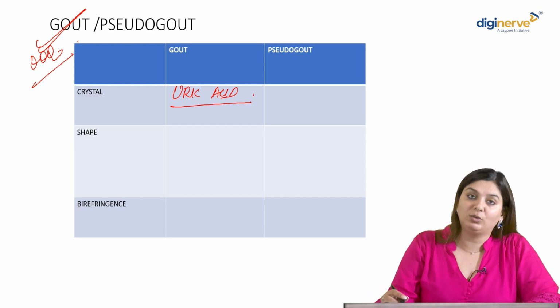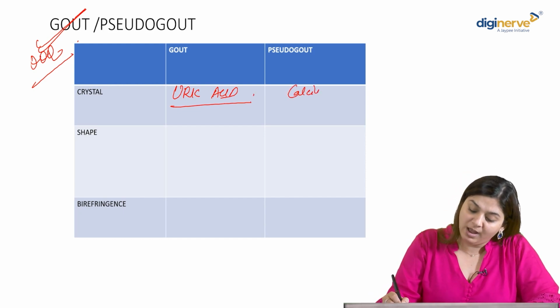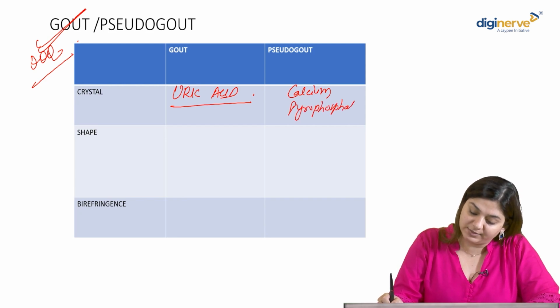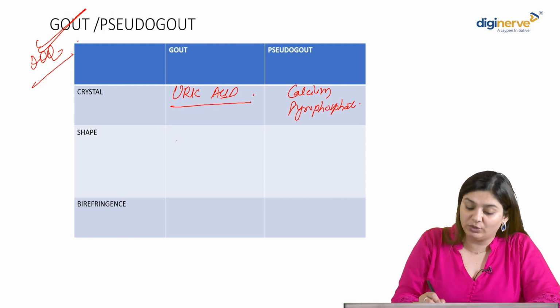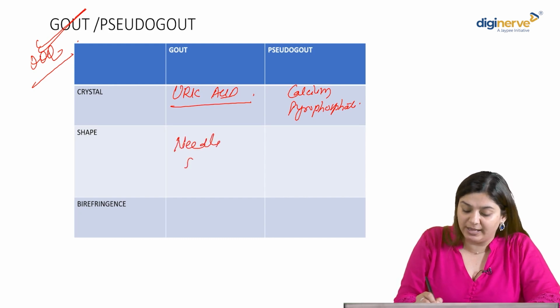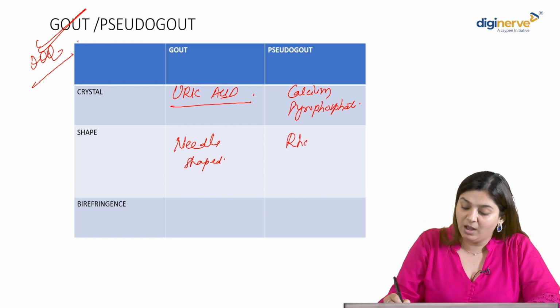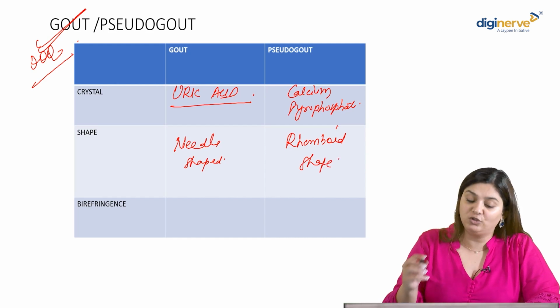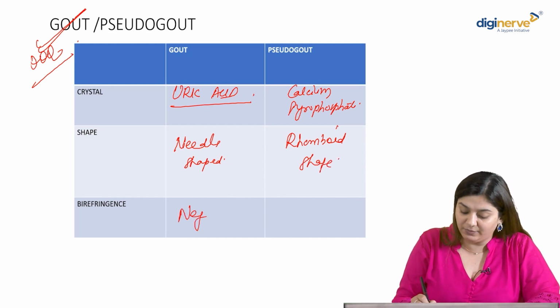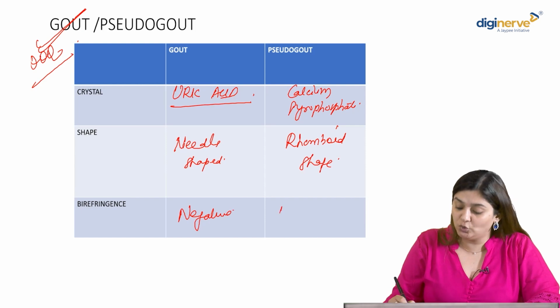In pseudogout, the crystals deposited are the calcium pyrophosphate crystals. The shape of the gout crystals is needle shape, whereas pseudogout crystals are rhomboid shape. Birefringence in gout is negative, whereas in pseudogout it is weakly positive.